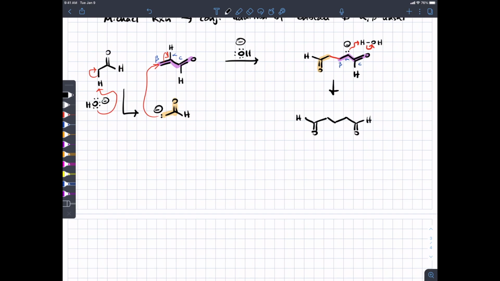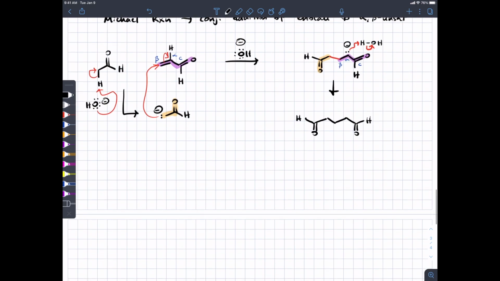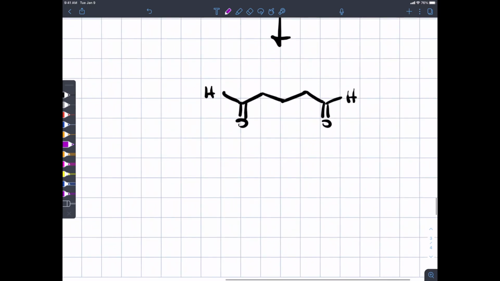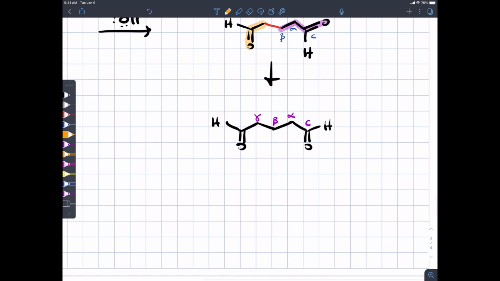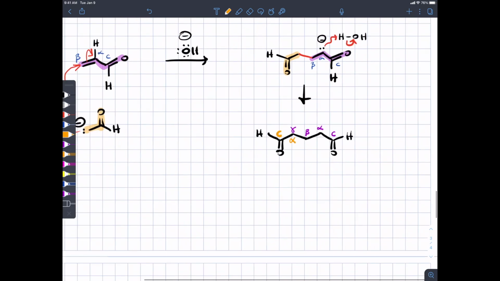aldehyde. The following dialdehyde. Now, you can learn to recognize this type of molecule as the product of a Michael reaction. One way to do that is to start on one end and call it the carbonyl carbon, alpha carbon, beta carbon, gamma carbon, and then realize that the gamma carbon, the purple gamma carbon, is also the orange alpha carbon.